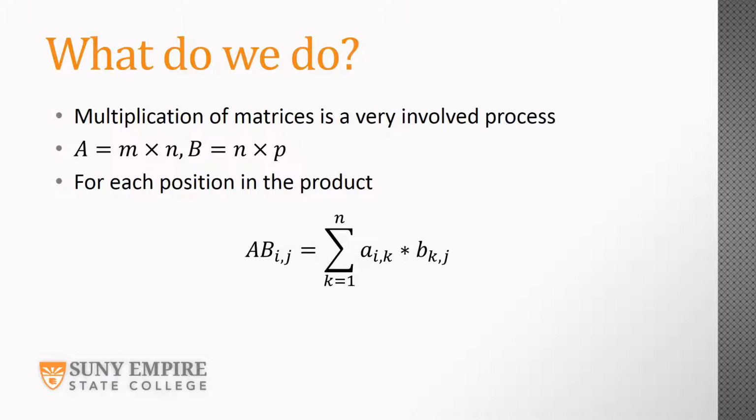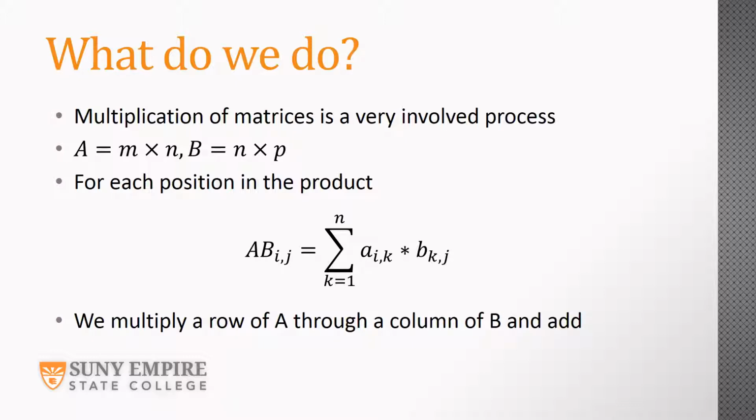For each position, if we are in row i and column j of the product matrix AB, we find the sum from k equals 1 through n of the product of A sub i,k multiplied by B sub k,j. What does that mean? It means we multiply the row of matrix A through the column of matrix B and add all those products. The process makes more sense by seeing it in action, so let's look at a couple of examples.